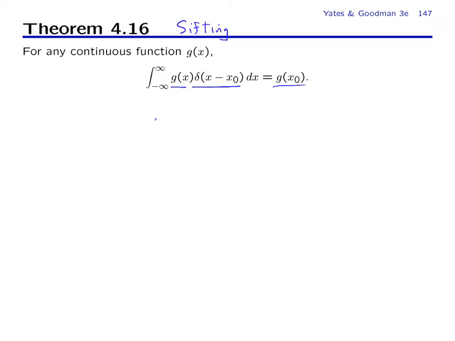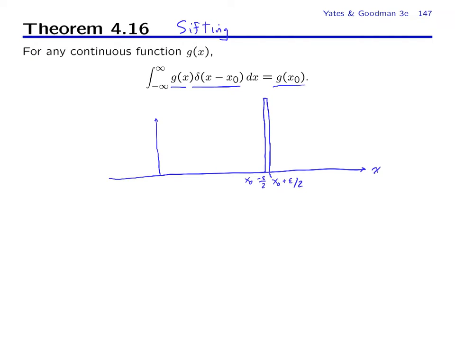So for the approximation of the delta function, we imagine for some small epsilon, this is x0 minus epsilon over 2, and this is x0 plus epsilon over 2.